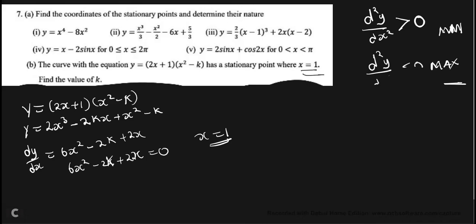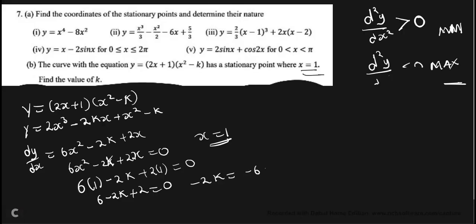Then we substitute 1: 6 minus 2k plus 2 equals 0. Then negative 2k, everything goes that side, and 2k equals 8, so k equals 4. That's how we solve that question.